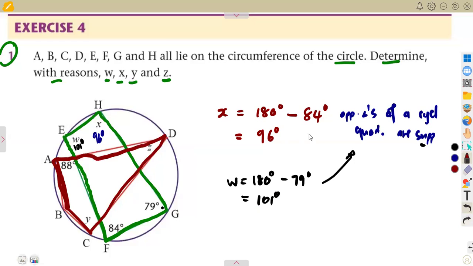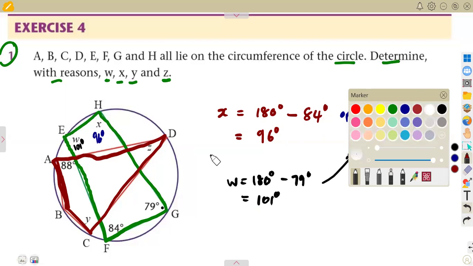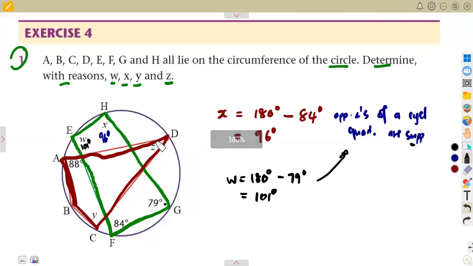You are going to see that on this diagram we are having a cyclic quadrilateral again, and the angle of 88 degrees is at A. So angle A and angle C are also opposite angles of a cyclic quadrilateral.